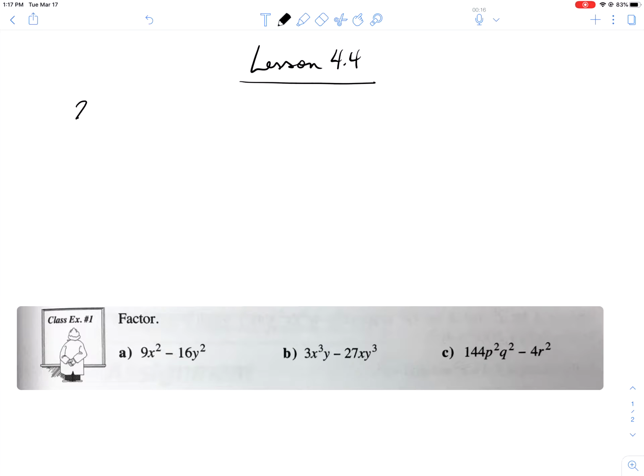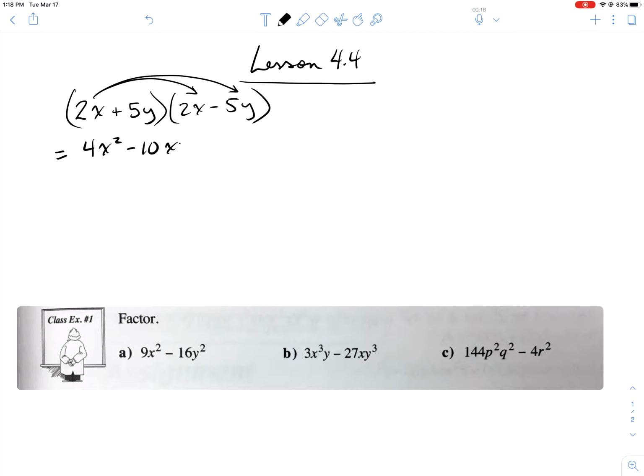If I have two binomials, 2x plus 5y, and I multiply that by 2x minus 5y, we see that the binomials are quite similar. The only thing that is different is the sign on one of those terms. So if I multiply this and I FOIL it, firsts and then outsides, I have 4x squared minus 10xy.